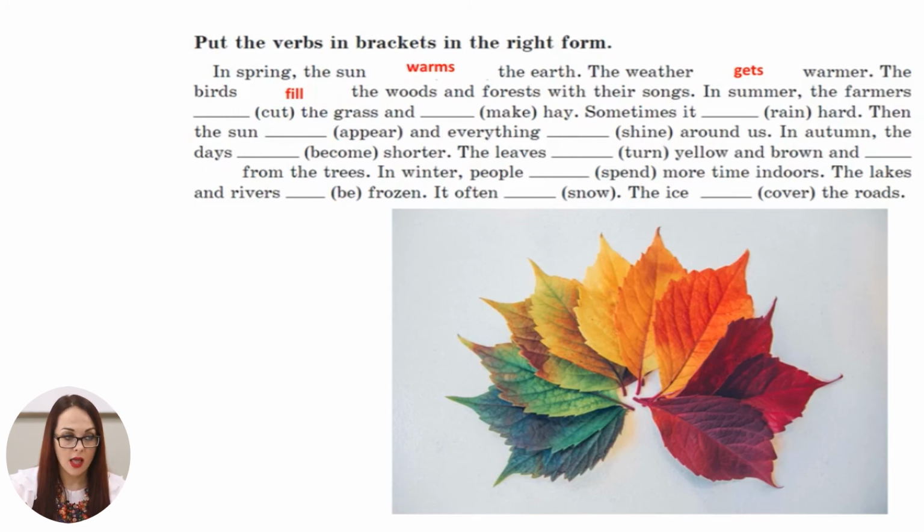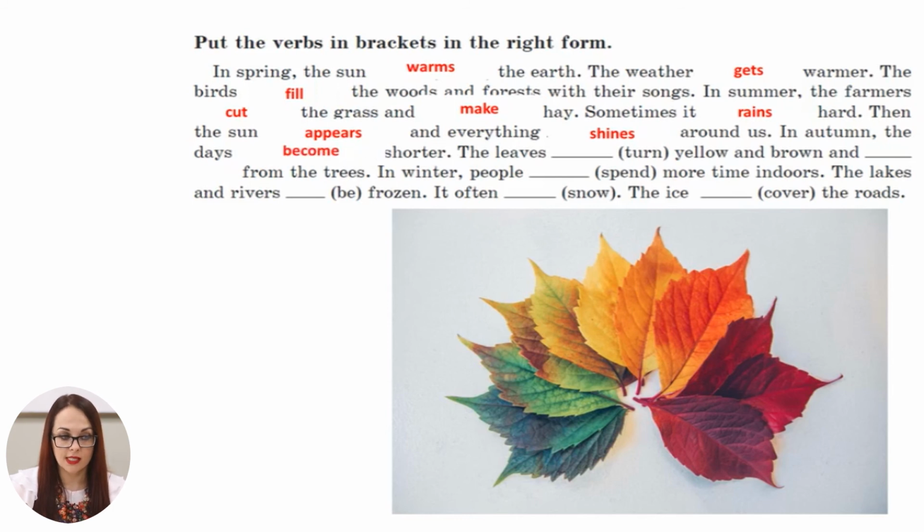In summer, the farmers, plural form, cut the grass and make hay. Sometimes it, third person singular, rains hard. Then the sun appears and everything shines around us. In autumn, the days, plural form, become shorter.